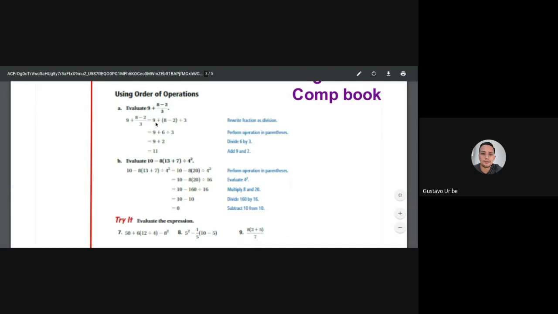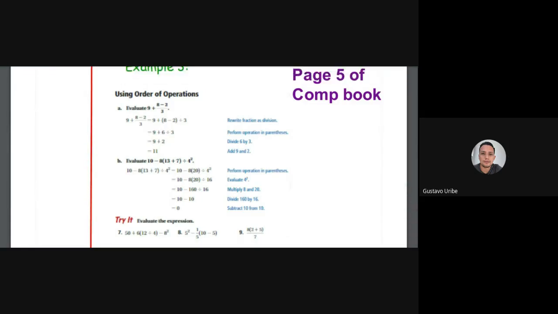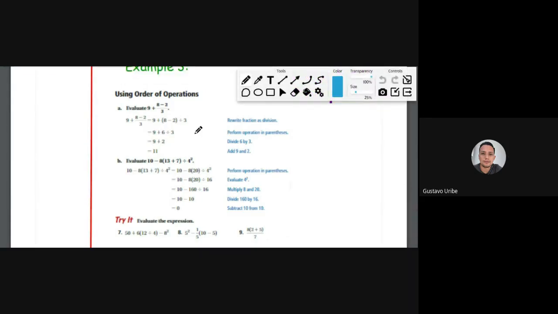So I have 9 plus, and then in parentheses, since we're rewriting this, 8 minus 2, close parentheses, divided by 3. So I see that 8 minus 2 is 6, divided by 3 gives me 2, and then 9 plus 2 gives me 11.